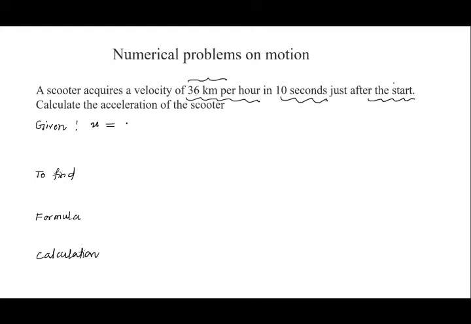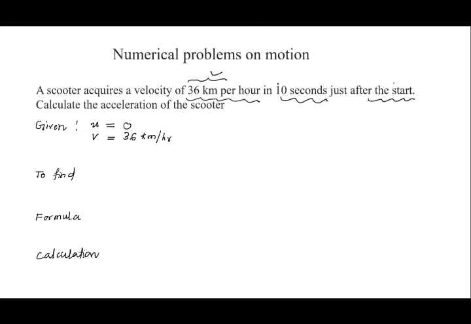Initial velocity will be 0 because it starts from rest. Then it acquires a velocity of 36 km per hour. So what is this 36 km per hour? It's the final velocity in this situation. Small v stands for final velocity, small u stands for initial velocity.